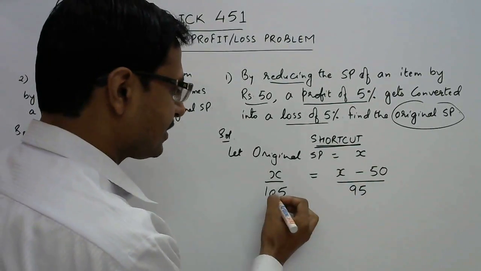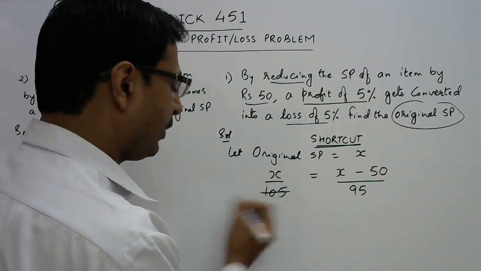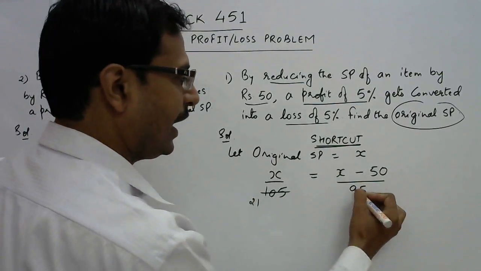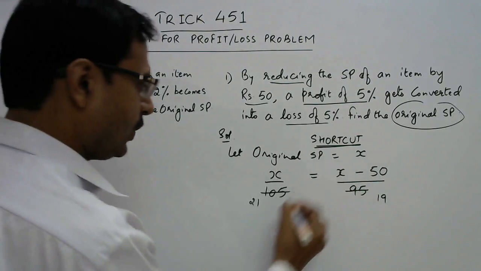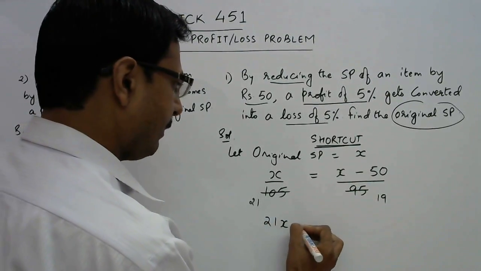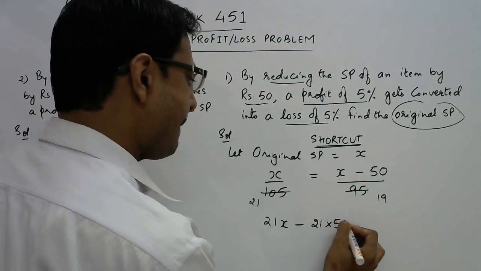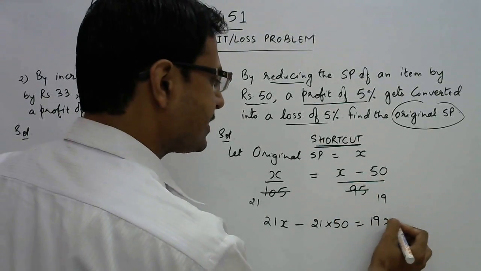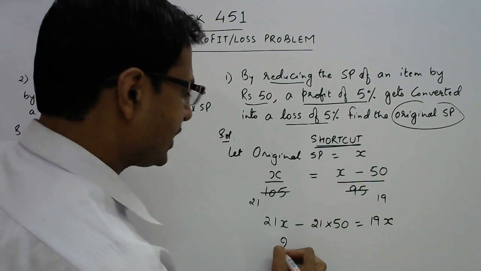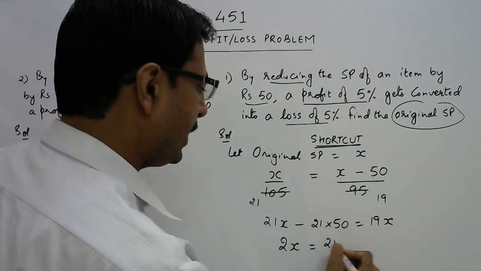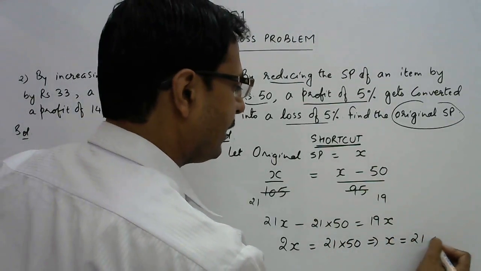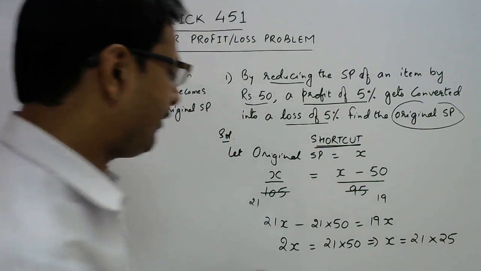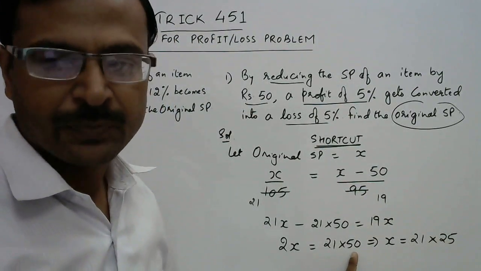You can cancel the common factor 5, giving 21 and 19. If you cross multiply, you will get 21x minus 21 into 50 equal to 19x. So this becomes 2x equal to 21 into 50, or x can be found by multiplying 21 and 25, because 2 gets cancelled with 50.